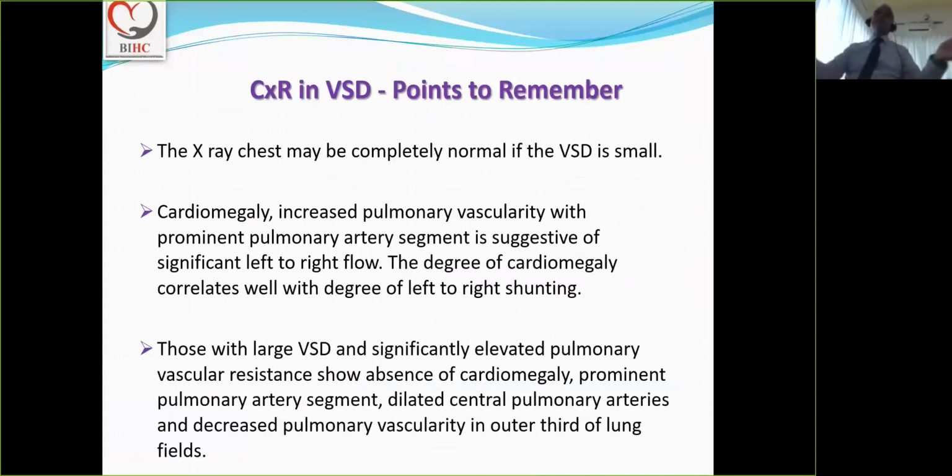A large VSD with a large shunt will have a big heart. And those with a large VSD and elevated pulmonary vascular resistance will show no cardiomegaly. MPA is prominent, RPA and LPA are prominent, but the pulmonary vascularity is decreased in the outer third of the lung fields. We will illustrate this shortly.